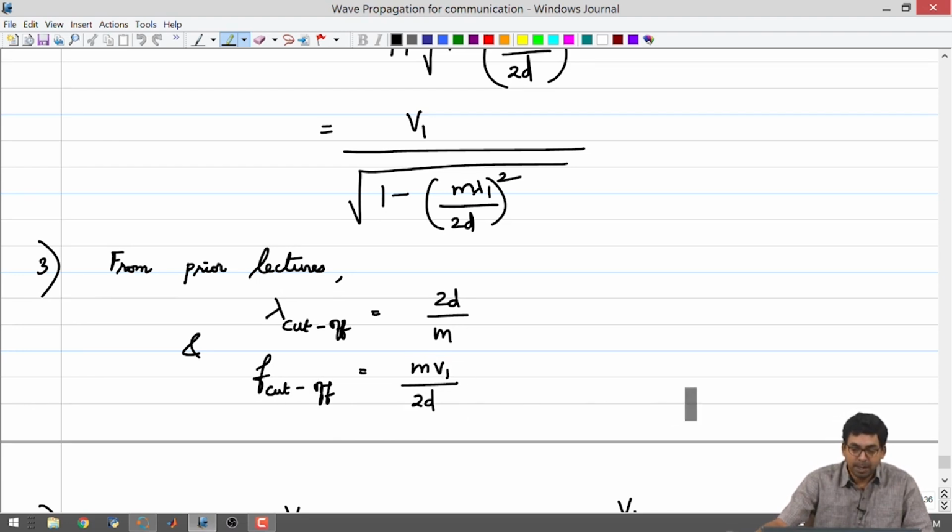Now, in this particular case, I have changed the operating frequency to go higher than, say, f cutoff. But in the program, nowhere have I mentioned what mode m I want to excite, and the d is fixed in the way we have written. d is the separation between the 2 plates.